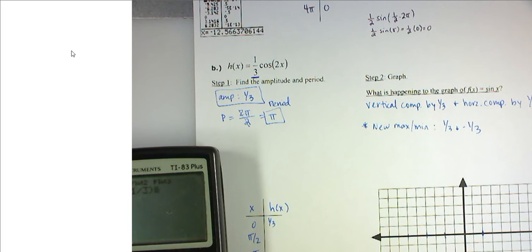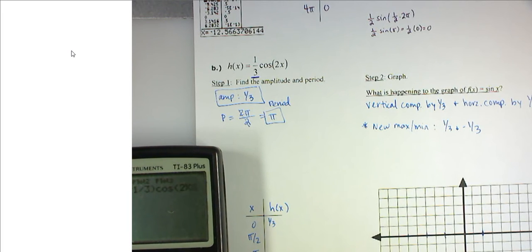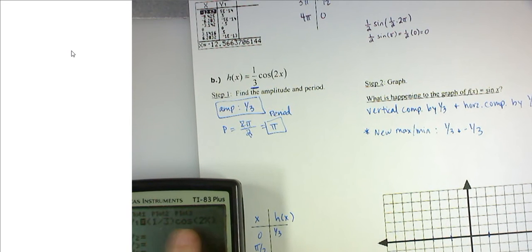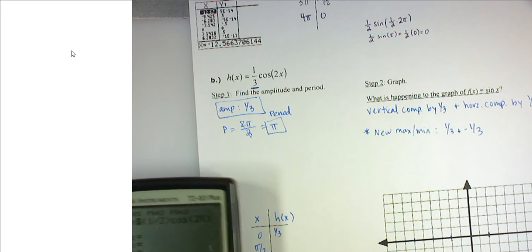So I plugged in the 1/3 cosine of 2x here, and now I am going to my window, and instead of 4 pi, I'm going to make this -2 pi to 2 pi. And then I'm going by pi over 2, so I'm going to change this to pi over 2. I'm going to keep it at 1.